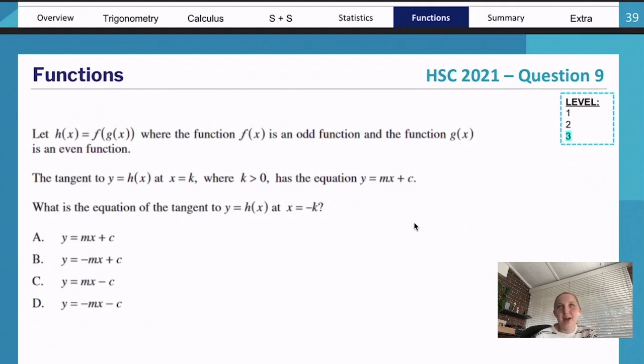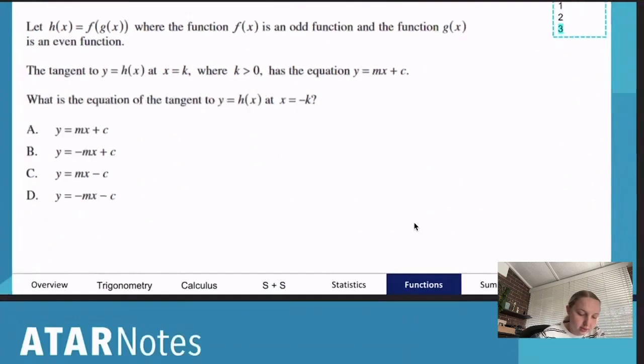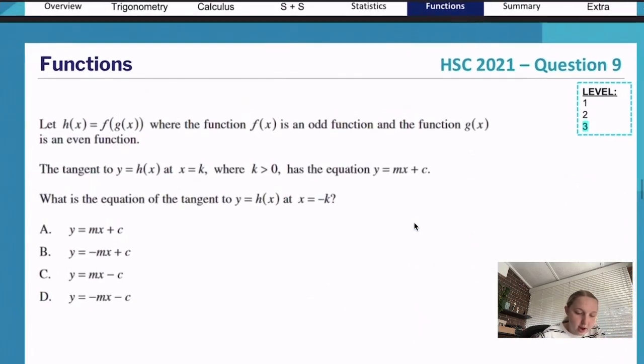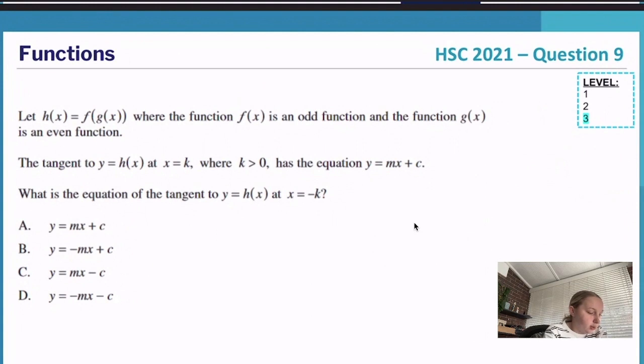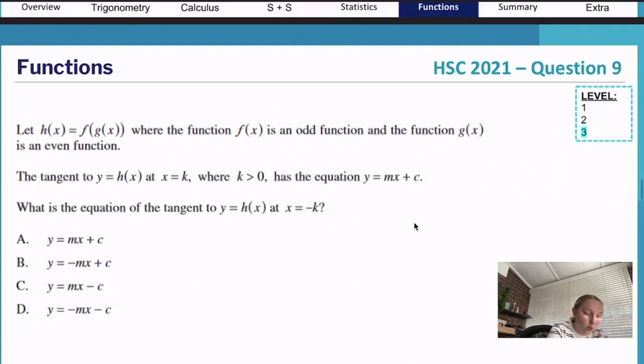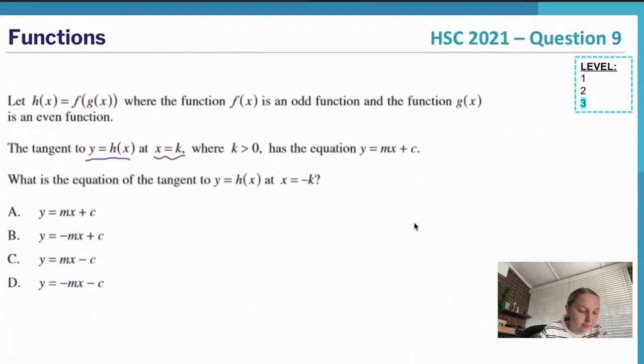Now this is quite hard because it's just a whole bunch of letters. They've not given you a single numerical value. Okay, so we first think about, since our tangent at x = k has to intersect y = h(x), they have to intersect because it's the tangent.